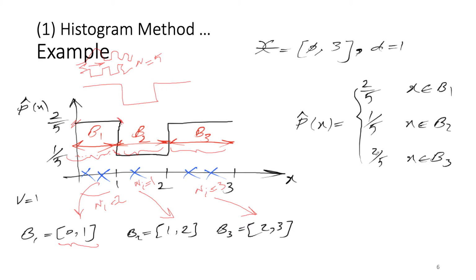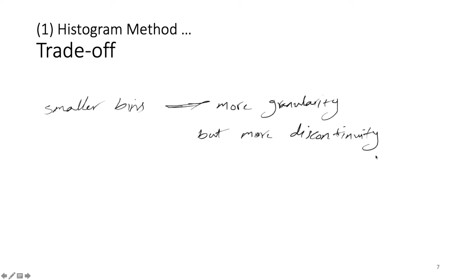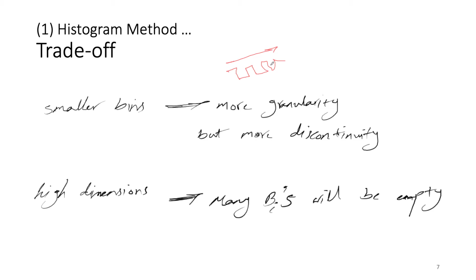All right, so as I mentioned, the smaller the bins are, the more granularity we can expect, but it would become more discontinued, right? Because in this case, we go up and down more. The continuity will be less. And also, if you expand it to higher dimensions, because we are lacking this curvature shape, many of the hypercubes will become empty.